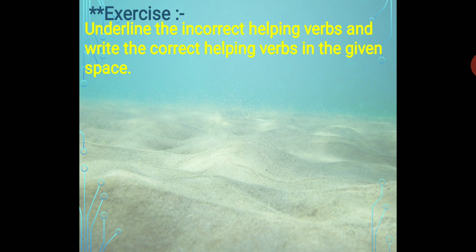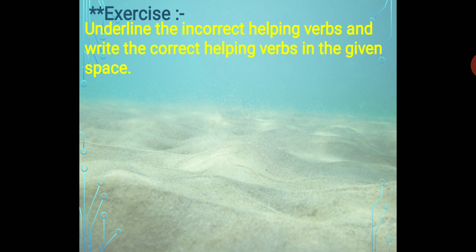Now to get more clarity and revise all our rules, we are going to do the exercise. Let's see the heading of the exercise: Underline the incorrect helping verbs and write the correct helping verb in the given space.